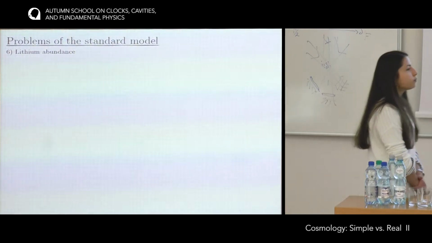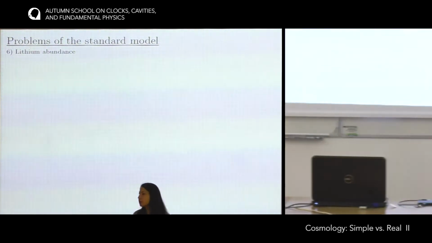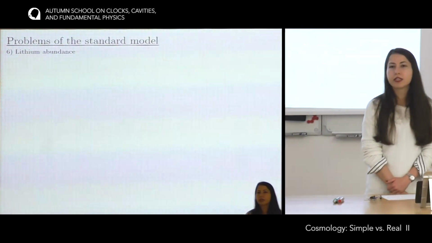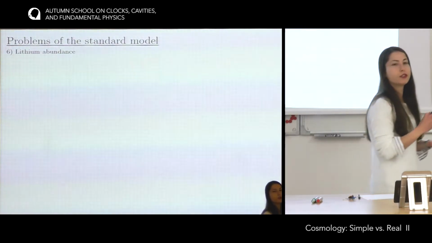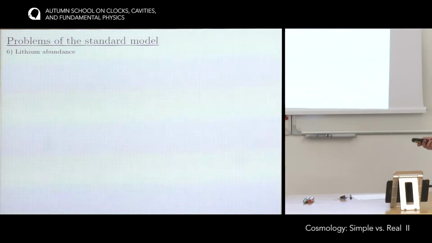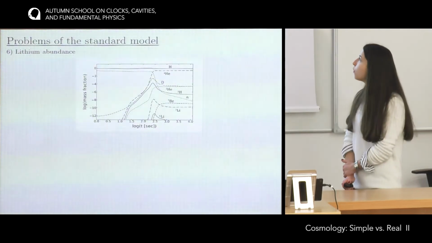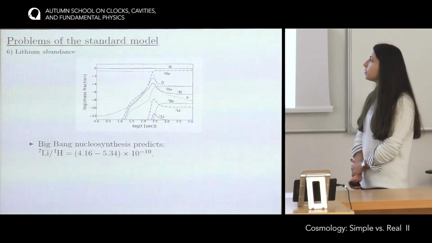Okay, the last problem I'm going to talk about is the lithium abundance. We talked about the light element abundances yesterday. We said that in the early universe we have some hydrogen, helium, some deuterium, helium-3, and a little bit of lithium. So here's our expectation from the Big Bang nucleosynthesis.